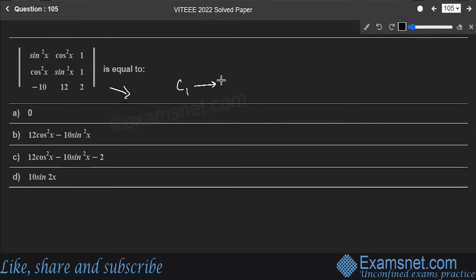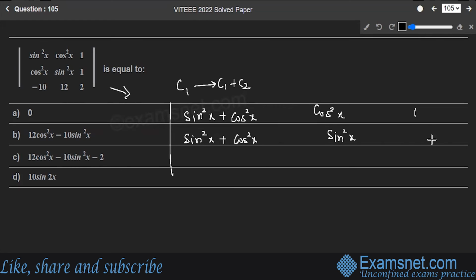I'll do C1 as C1 plus C2. So this will become sin²x plus cos²x, 1; sin²x plus cos²x, and here is sin²x and 1; minus 10 plus 12, 12 and 2.